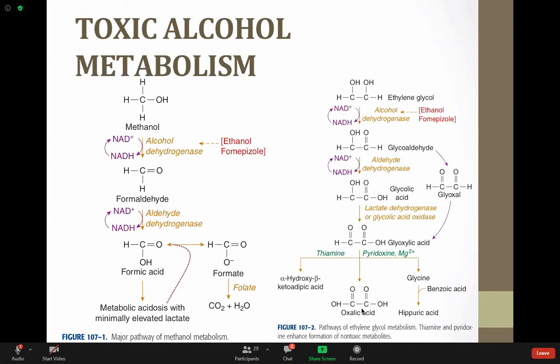This oxalic acid with calcium forms calcium oxalate crystals and gets deposited in the kidney. And that's why we say the third stage of ethylene glycol toxicity, you get renal failure because of the deposition of calcium oxalate crystals. They can also get low calcium because it precipitates with the oxalate and the serum calcium becomes low. They may have muscle rigidity and they may have a prolonged QTc and arrhythmias.